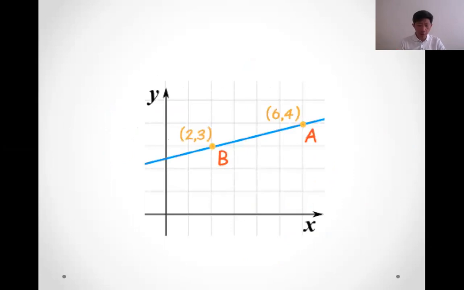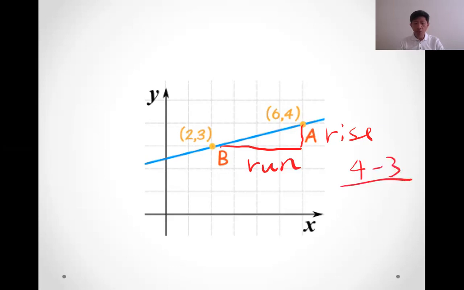Next, here is another example. If we want to find the slope for this, this is the rise and this is the run. Again, we take the rise, which is 4 minus 3, over the run, 6 minus 2.